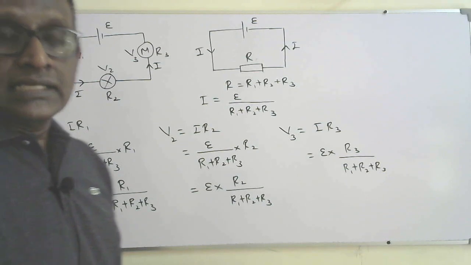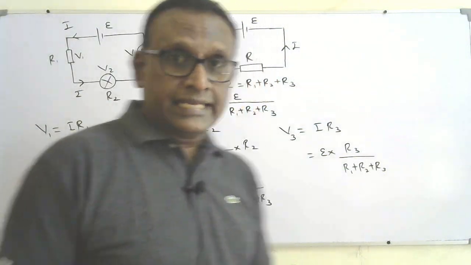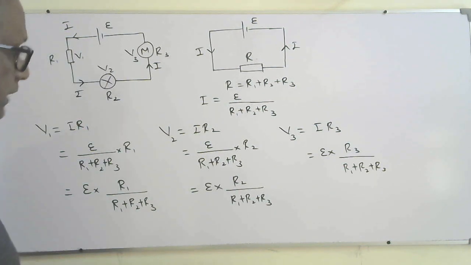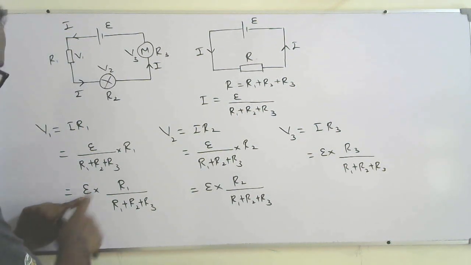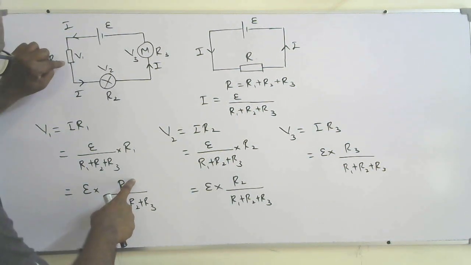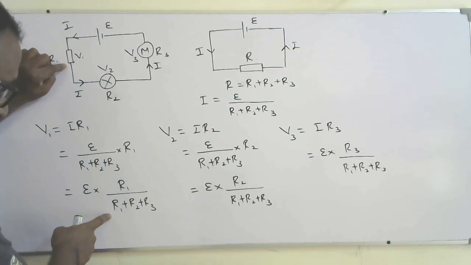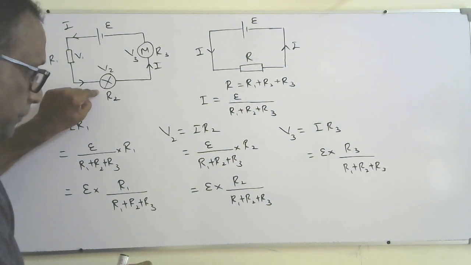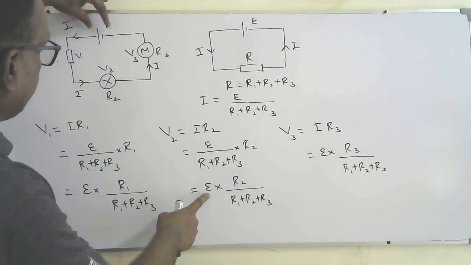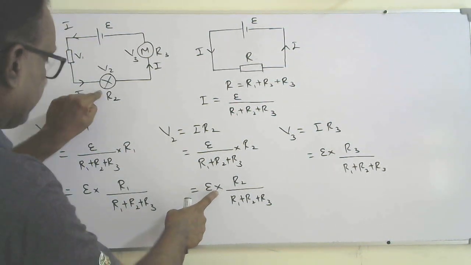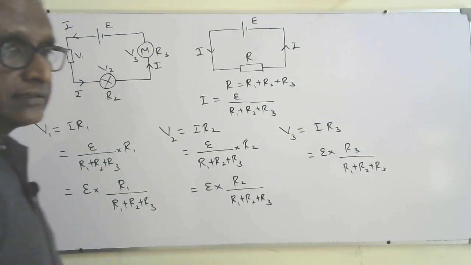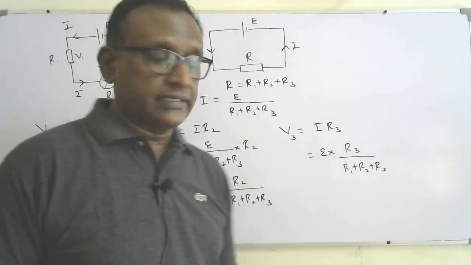So you can say EMF is the total voltage applied across all these three components connected in series, and that voltage is divided across the components R1, R2, and R3. You can see it is the total voltage times the resistance of the component over the total resistance. R1 plus R2 plus R3 is the total or equivalent resistance.